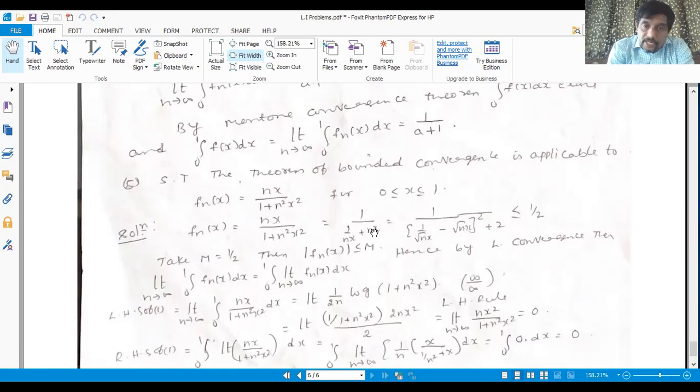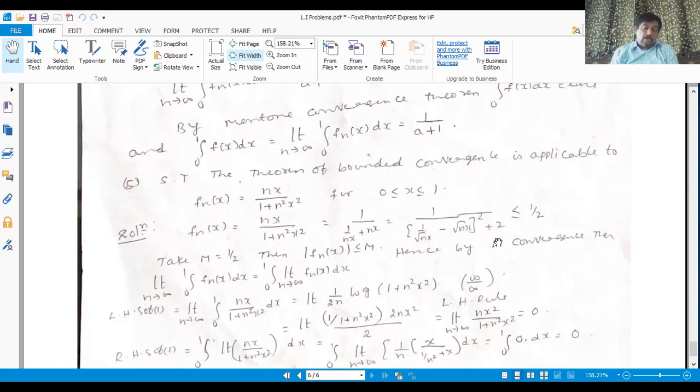Then we can write this in completing-the-square form: this is 1 divided by (1/√(nx) − √(nx))² plus 2. You know that a + b, that is a² + b², can be written as (a − b)² plus 2.